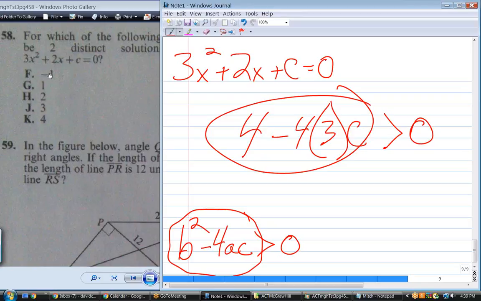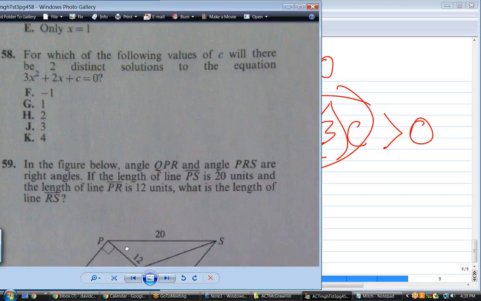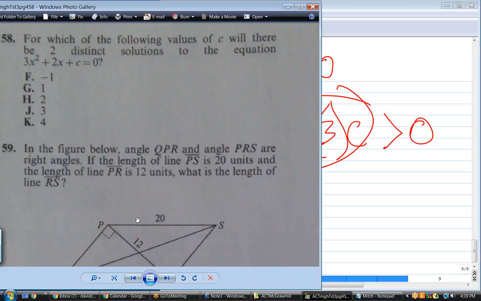It's just F gives you two distinct real solutions, and G through K give you two distinct imaginary solutions. So F is it. And that's one way to figure out how to get around their ambiguity. You wouldn't want to get hung up on the fact that they don't tell you whether they're talking real or imaginary.